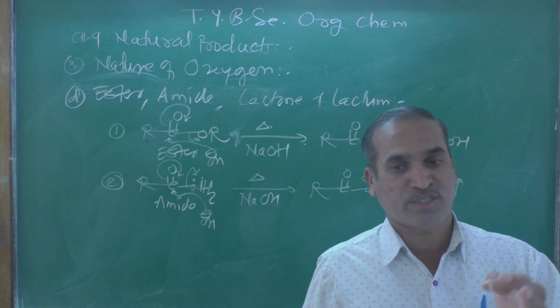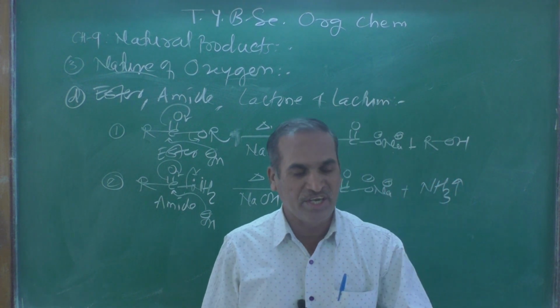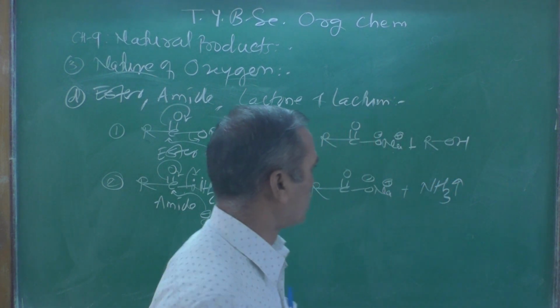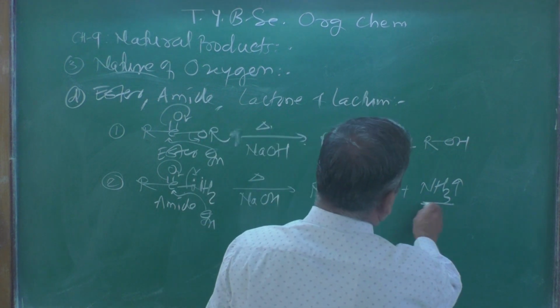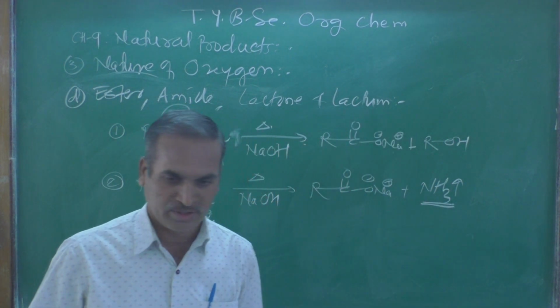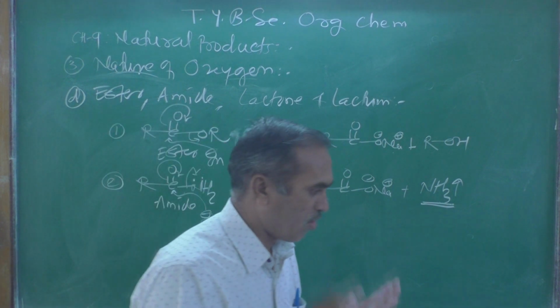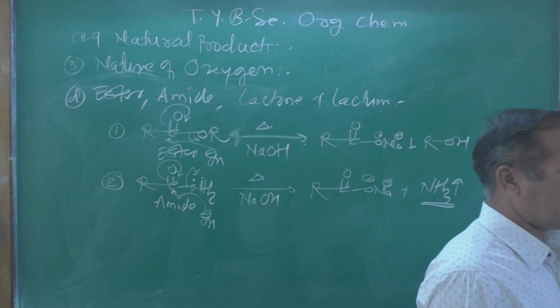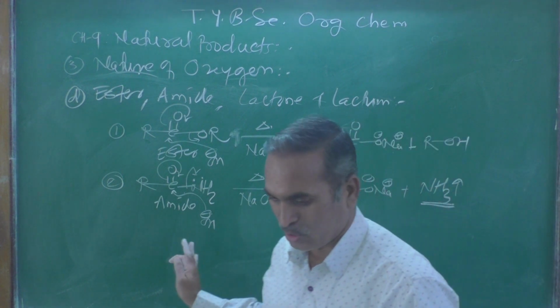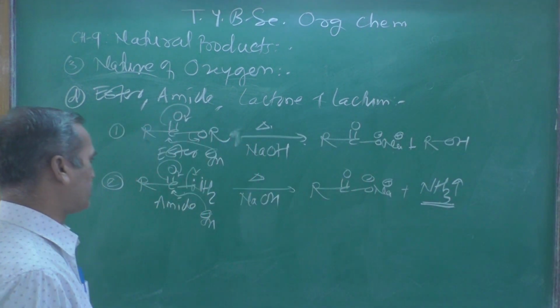As we know, the smell of ammonia is very irritating to our nose, and therefore the completion of the reaction is confirmed when the evolution of ammonia stops during the hydrolysis. All these are hydrolysis reactions.